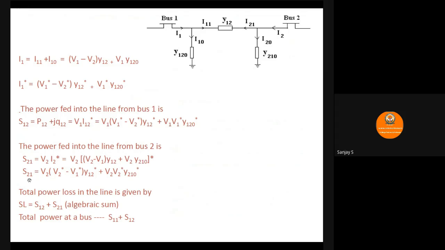So S21 will be equal to V2 into (V2 conjugate minus V1 conjugate) Y12 conjugate plus V2 into V2 conjugate Y210 conjugate, very much similar to the previous case. So the total power loss in the transmission line is given by the algebraic sum of S12 and S21. So the total power at a particular bus is given by S11 plus S12.